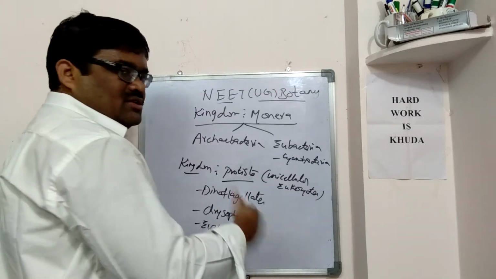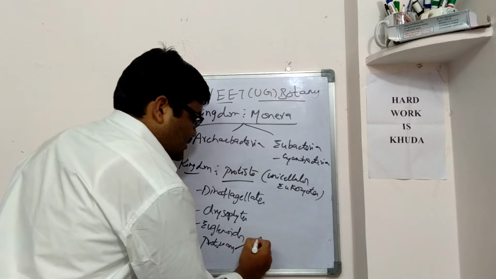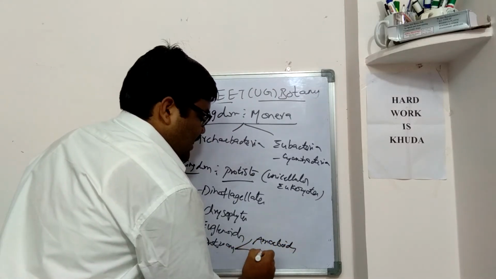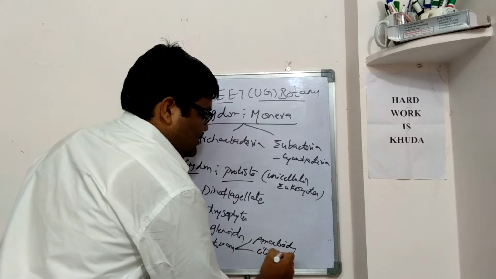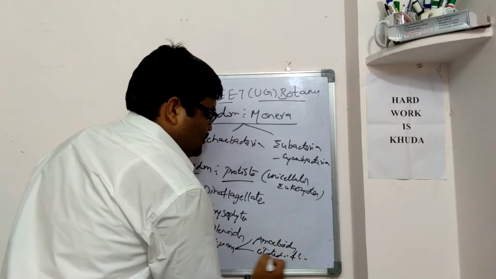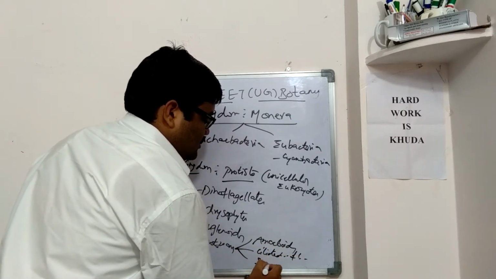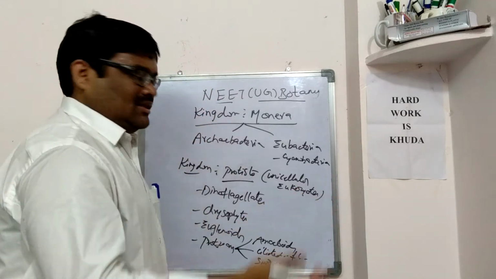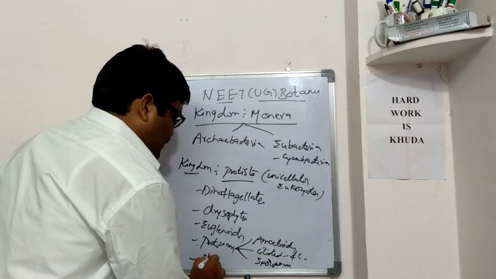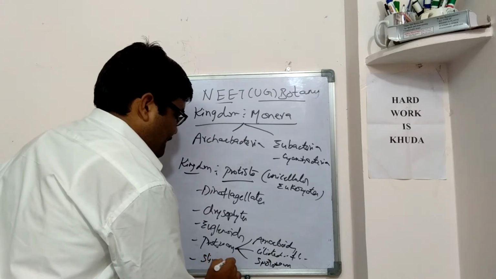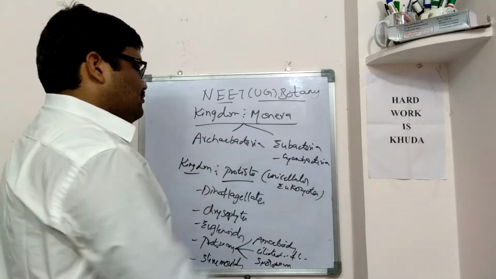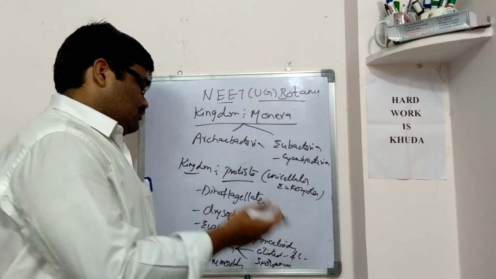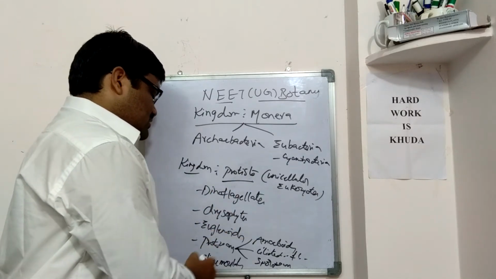Protozoans are different, like amoeboids, ciliated, flagellated, sporozoans. Sporozoans are malarial parasites, like that. Slime molds. These are all different groups that come under kingdom Protista: dinoflagellates, chrysophytes, euglenoids, protozoans, slime molds.